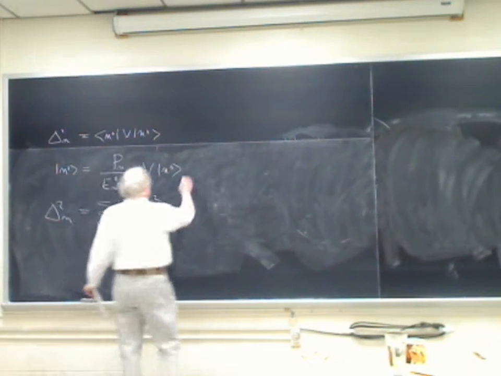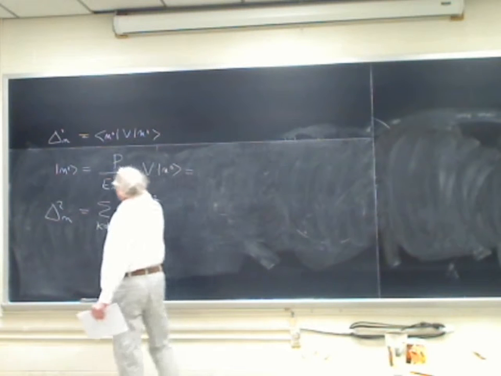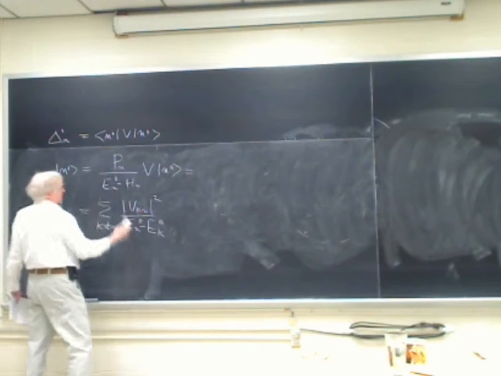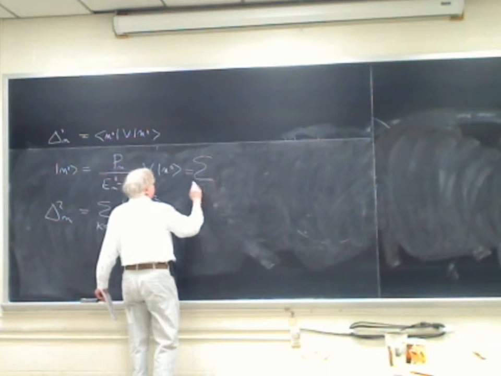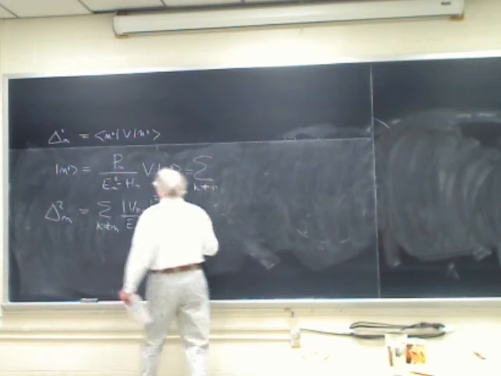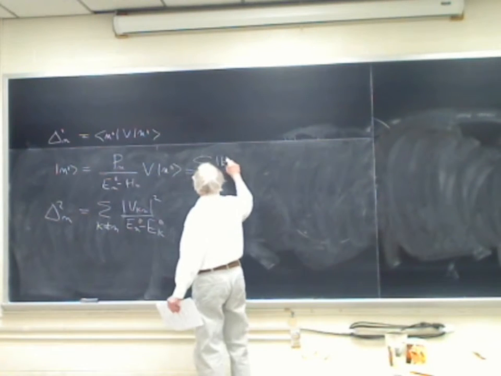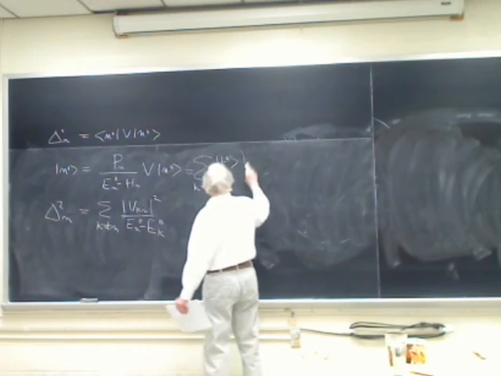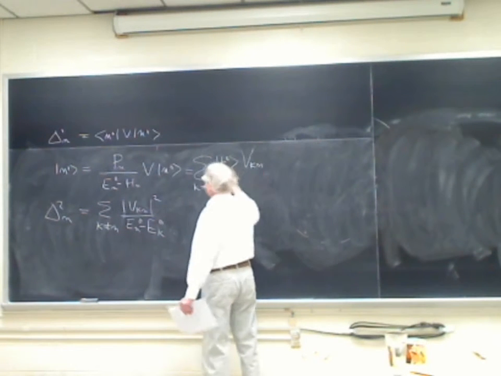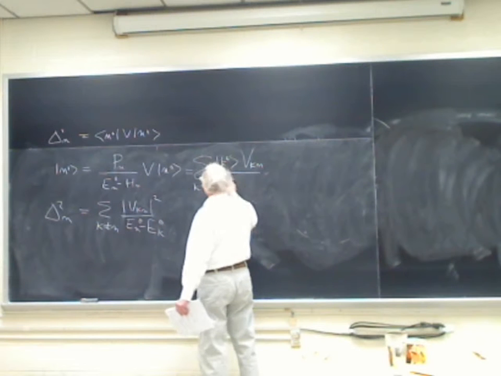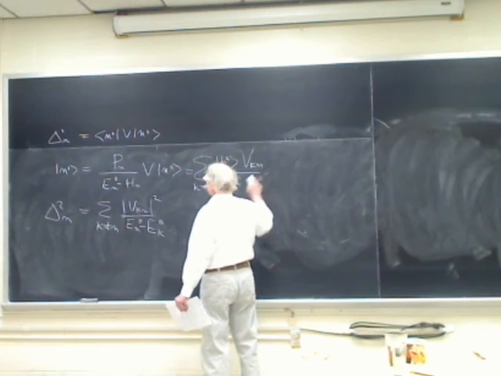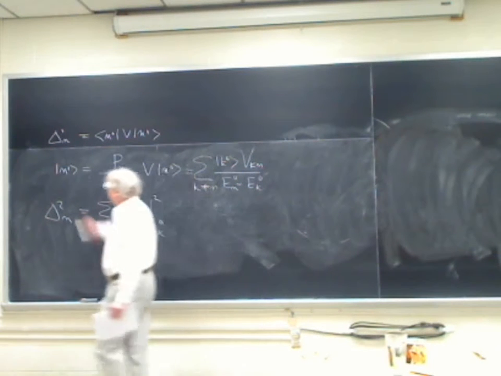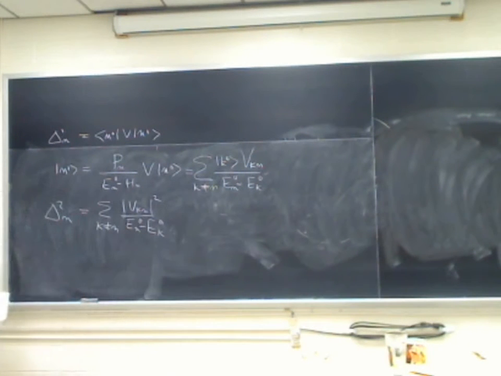Writing this out, it would be a sum over k not equal to n, of the state k0, then <k0|V|n0>, which we could call Vkn, divided by En0 minus Ek0. So that's the first order correction to the state.